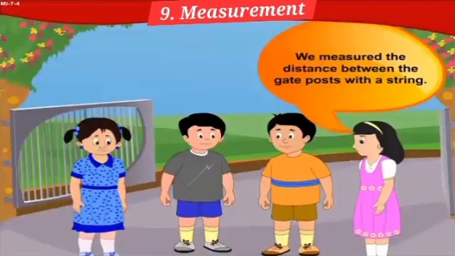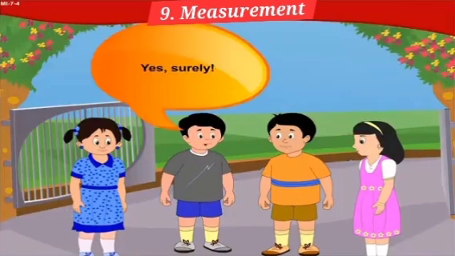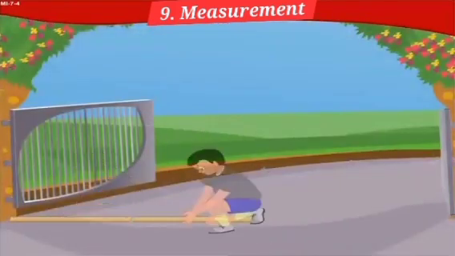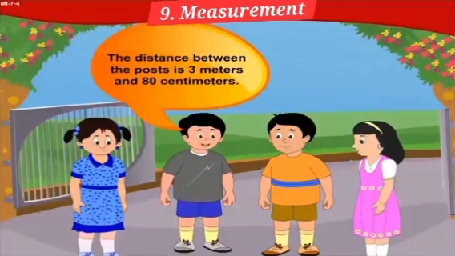We measured the distance between the gate posts with a string. Now, let's use this meter scale and measure it again in meters and centimeters. Yes, surely. This distance between the posts is 3 meters and 80 centimeters.